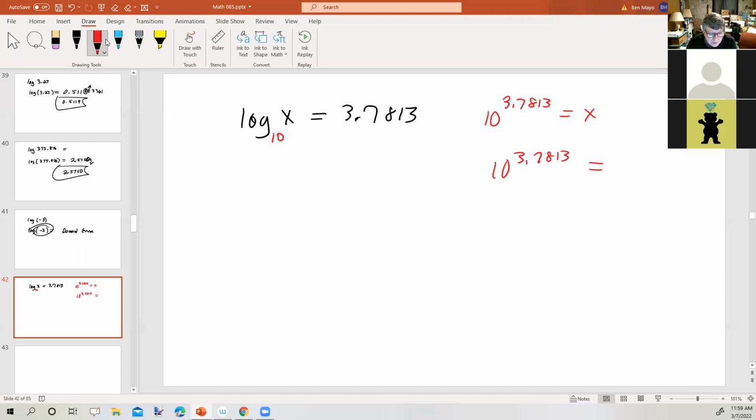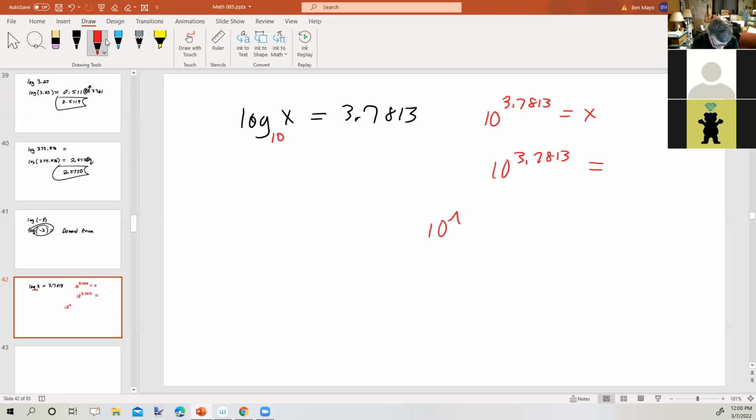There are at least 2 ways we can access this on our calculator. We can just put in the number 10, and then use the little power caret key. Since we've got a single quantity that's the exponent, we don't need any more parentheses.